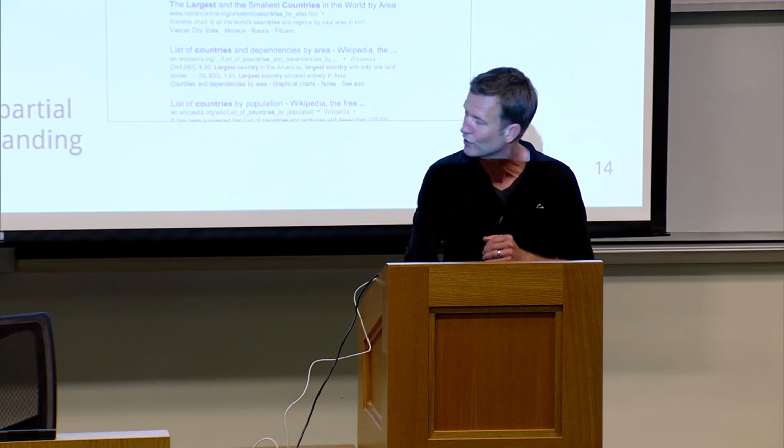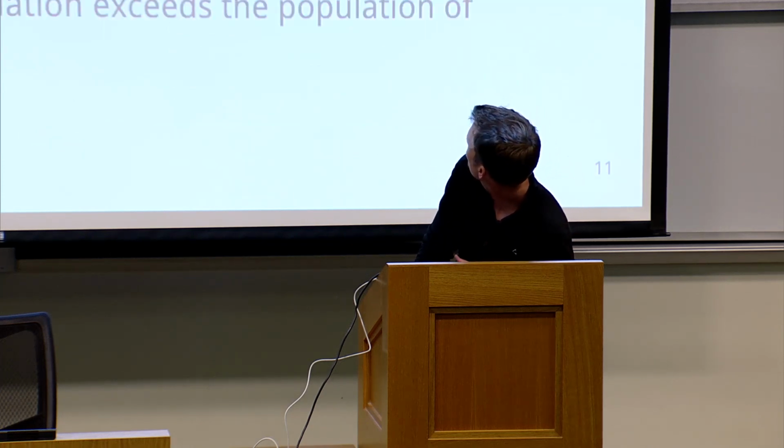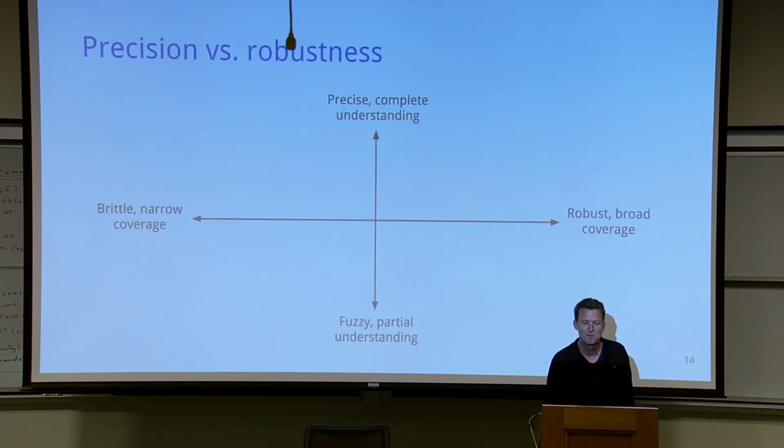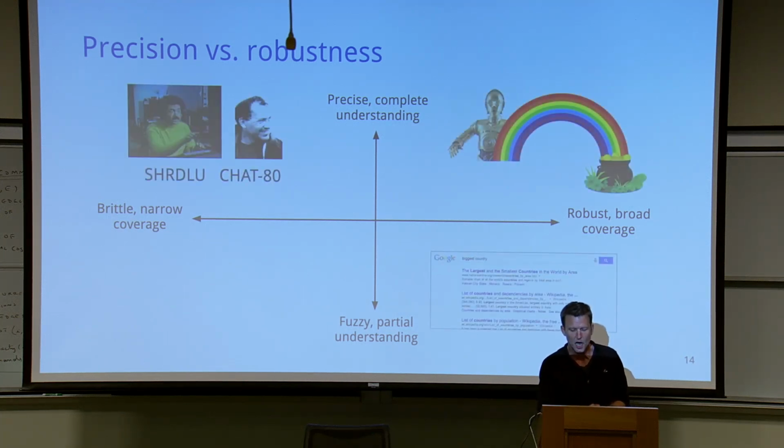If you asked Google this question about which country bordering the Mediterranean borders a country that is bordered by a country whose population exceeds the population of India, Google's not going to tell you the answer. Or actually, what it probably will do is link you to my slides from last year, which maybe have the answer. But it doesn't have that complete, precise understanding that's needed to actually answer the question.